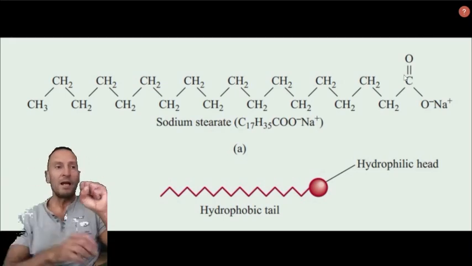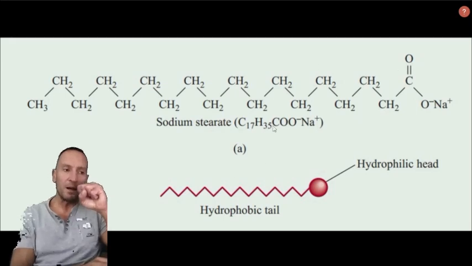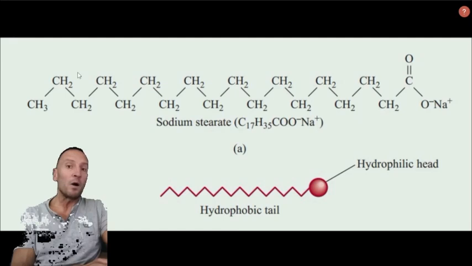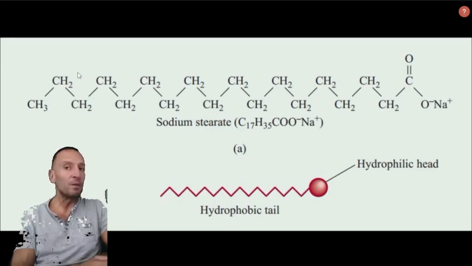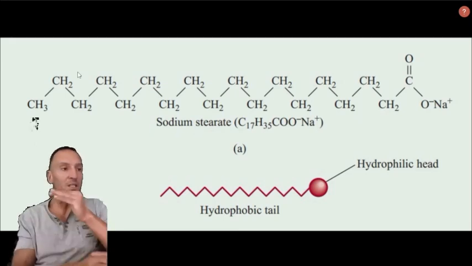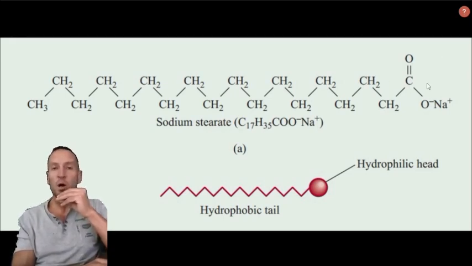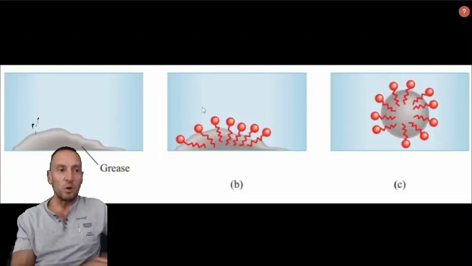All right, and you've got a hydrophobic tail, but because it's so long, why does the oil stick together? Remember? Because of the strong London dispersion forces. So this part of the molecule is going to stick to the oils, but this part of the molecule is going to stick to the water. So what is happening is it's going to take the dirt.